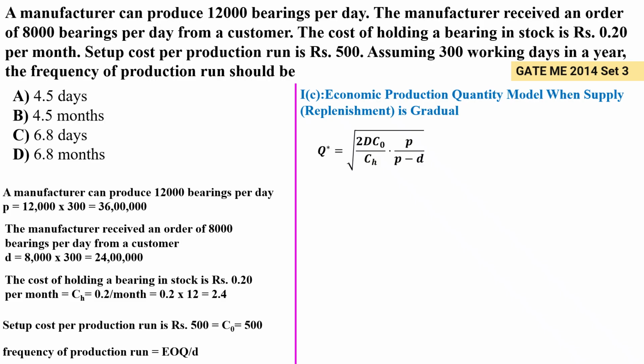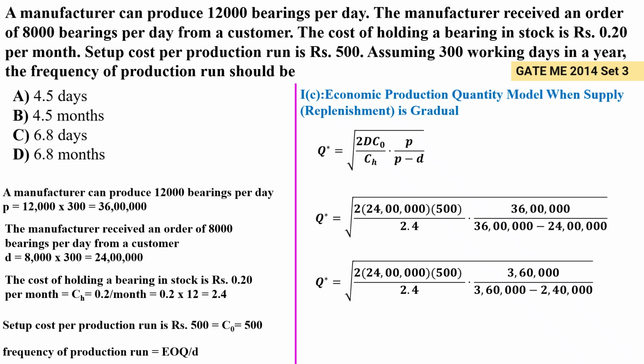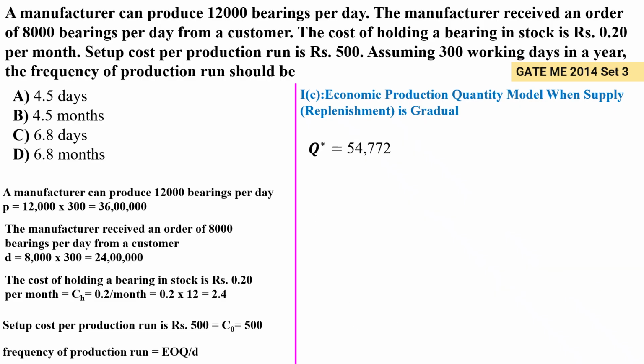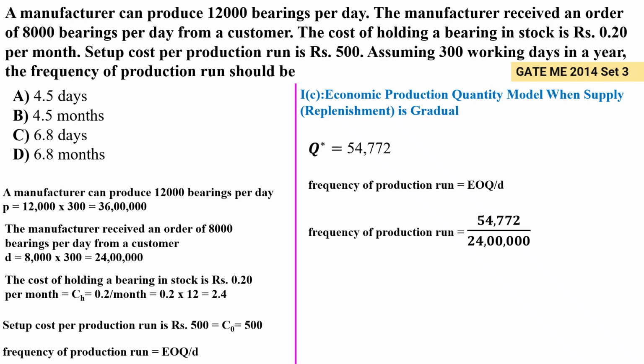Then we know Q star equal to root of 2D C naught by CH into P divided by P minus D. Substituting all the values, we get Q star equal to 54,772. Next, the frequency of production run is equal to Q star or EOQ divided by small d. Here Q star value is 54,772 and small d value is 24 lakhs. Then frequency of production run equal to 0.228 year.